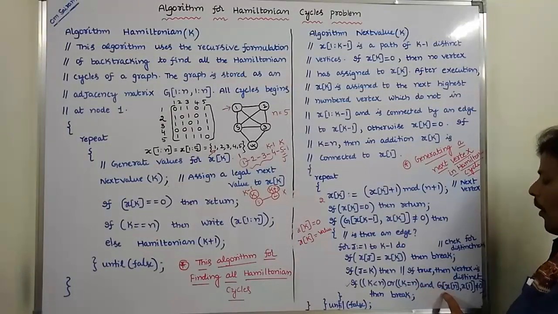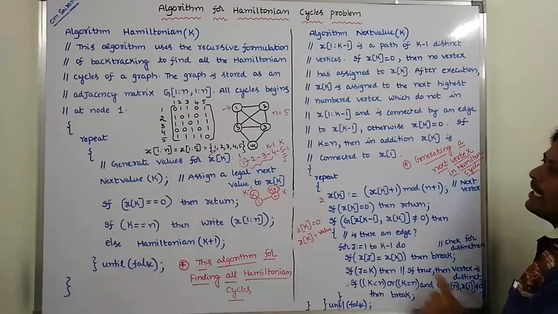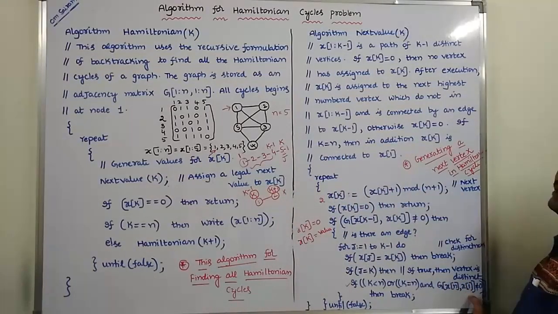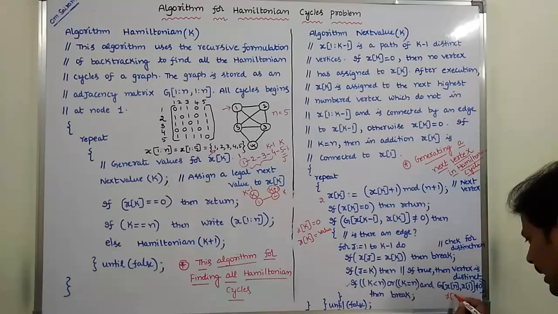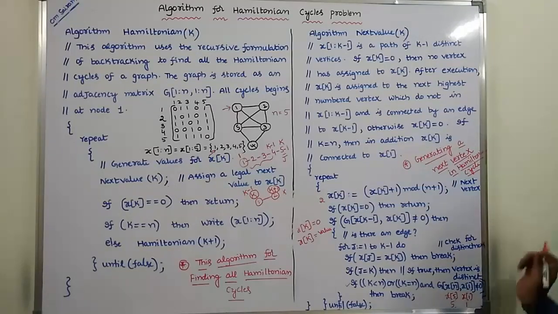And g of x of n comma x of 1. x of n means x of 5, and x of 1. x of 5 has value 5, x of 1 has value 1. Are 5 and 1 connected by an edge or not?